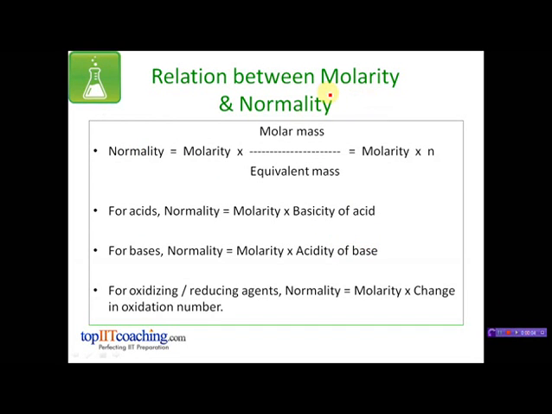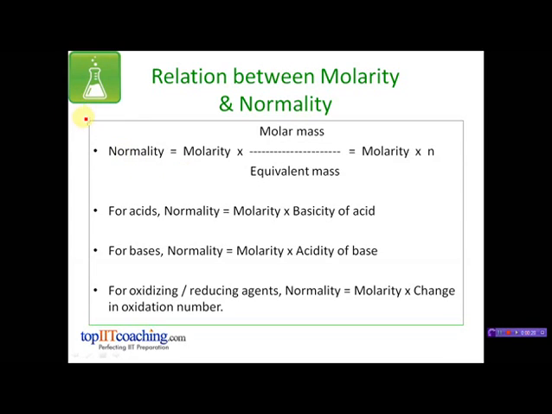We know that molarity and normality, both the terms are used to express the concentration of a given solution. So we can easily derive a correlation between them. We know that normality is equal to the gram equivalence of the solute present in 1 liter of solution, and molarity is the number of gram moles of a solution present in 1 liter of the solution.